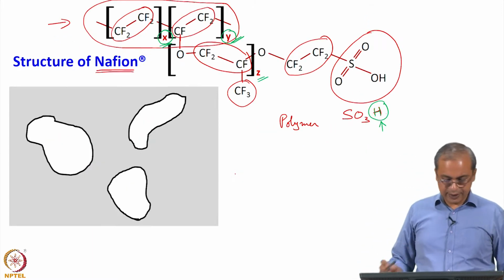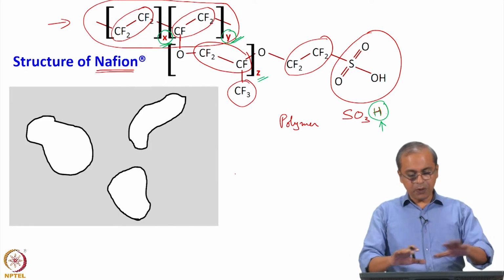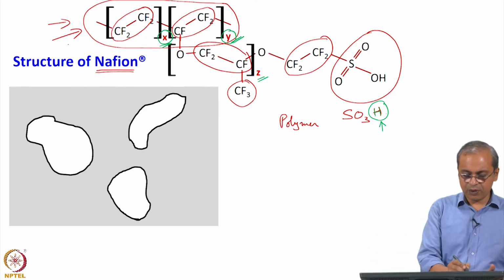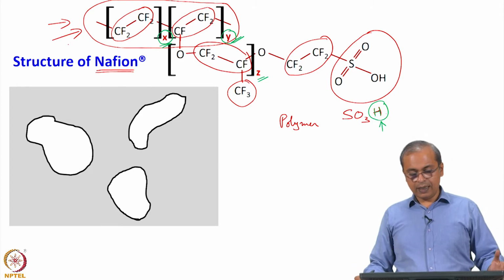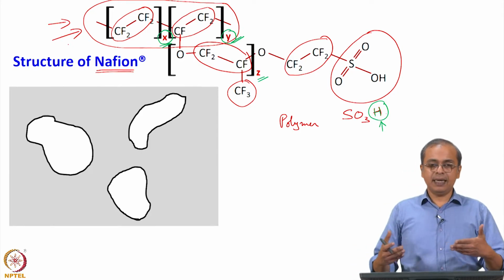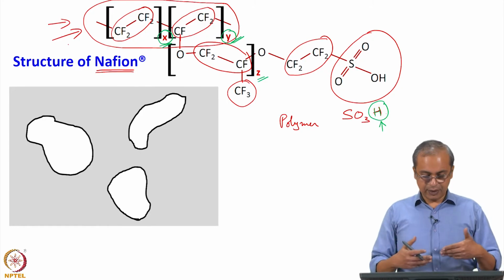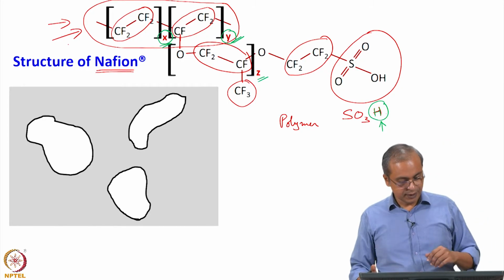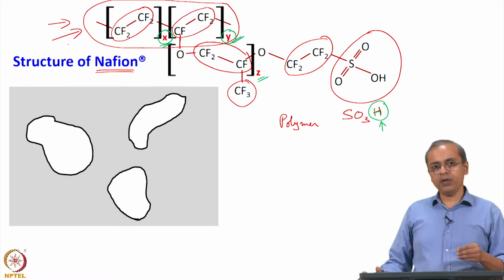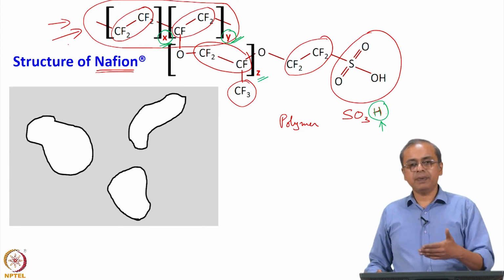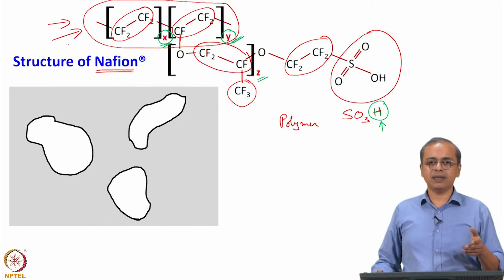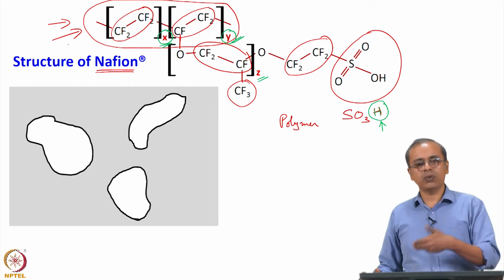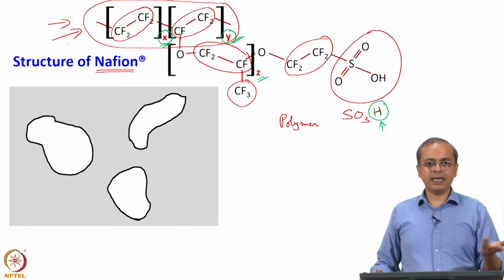So, if you actually look at the structure, this is the polymer, the formula is what we have written out here, this whole unit that you see here. When you actually make it as a polymer and then try to put it for some application, what you will see is that the polymer that is made out of this is typically a very clear transparent polymer. So, it looks no different than polythene sheet that you may purchase for any other purpose.